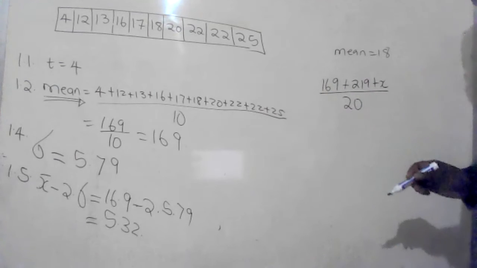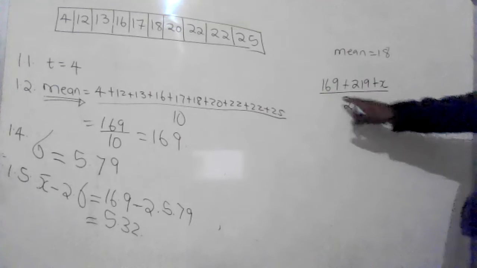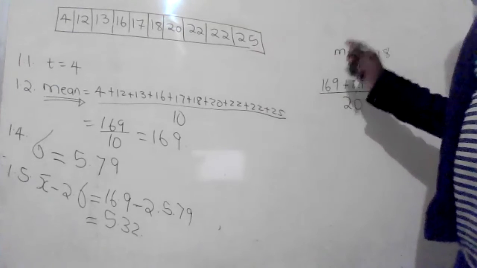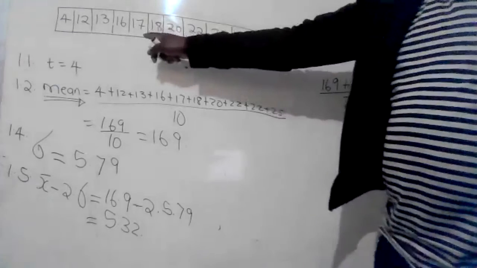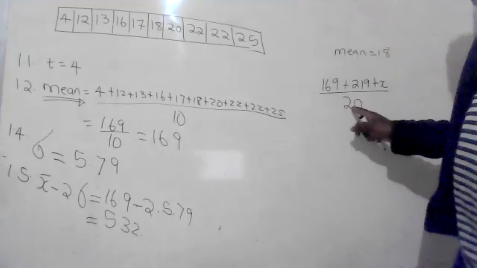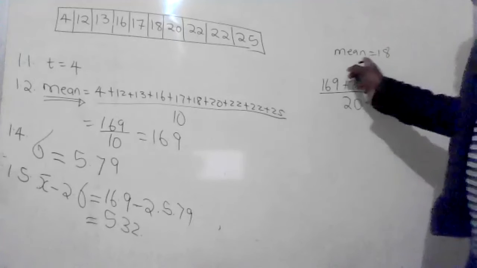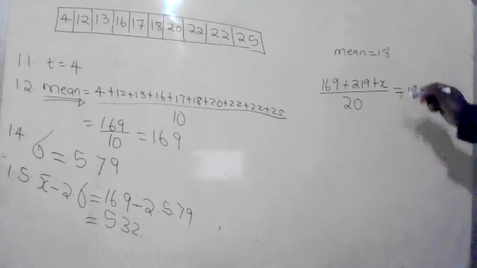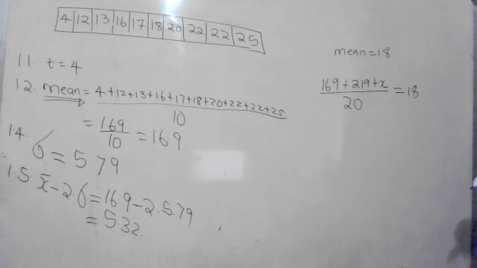Why do we divide by 20? Because we have data for two teams, which have an equal number of participants. This one has 10 students, and the other team has 10 students. So the two teams in total have 20 participants. So this is the mean, of which the value of the mean given is equal to 18, like this.